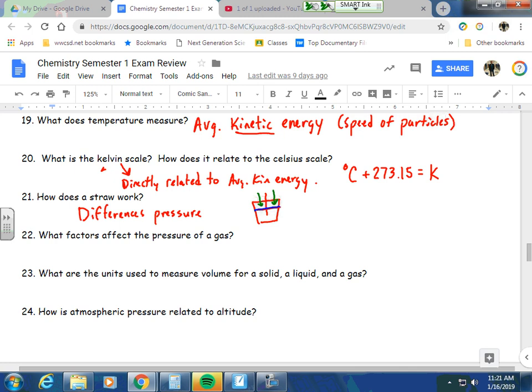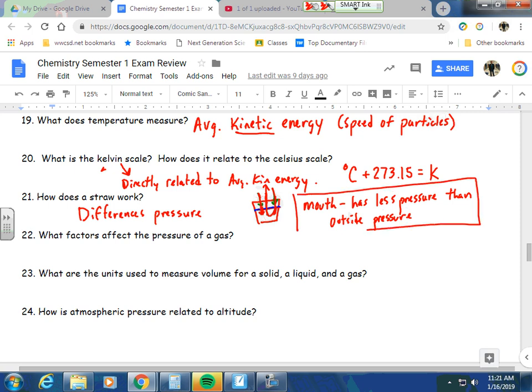And if we put our mouth on there, and make it so our mouth has less hits, less pressure than the atmospheric pressure outside, then that atmospheric pressure will push down on the liquid and push it up the straw into our mouth. So that's the main concept. We have to have less pressure in our mouth than the atmospheric pressure.